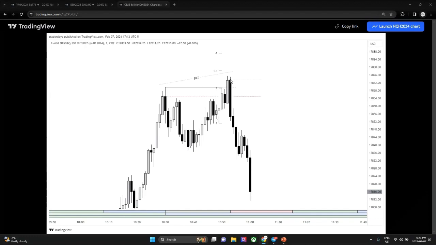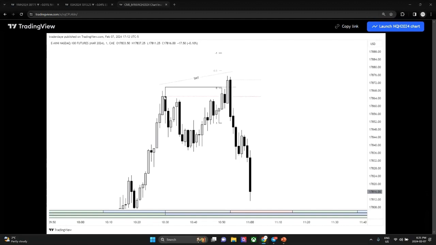This right here is the true open of this microcycle. What happened? Price barely traded above it. Why? Because we're above this revolving true open. Why?